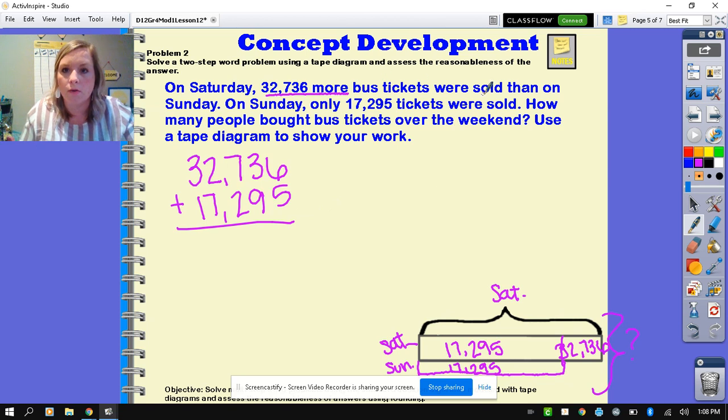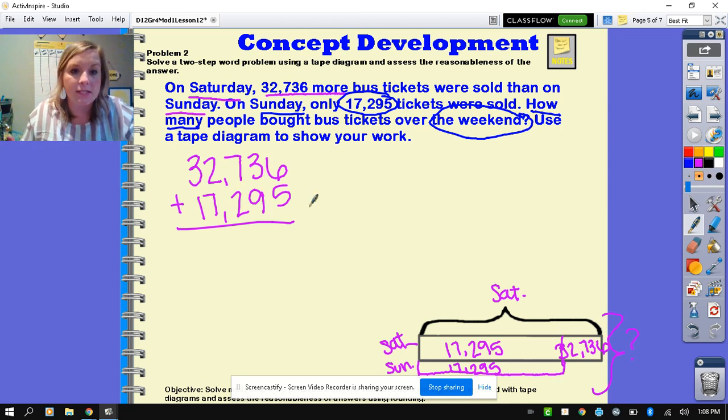I'm sorry, I should go and highlight some of these things. On Saturday, more bus tickets sold than on Sunday. On Sunday, only 17,295 tickets were sold. How many people bought tickets over the weekend? So we have to know all of that verbiage.